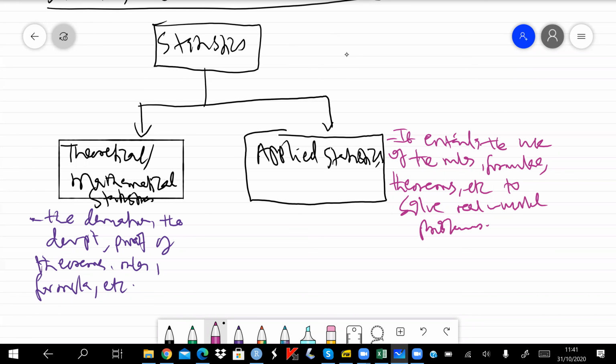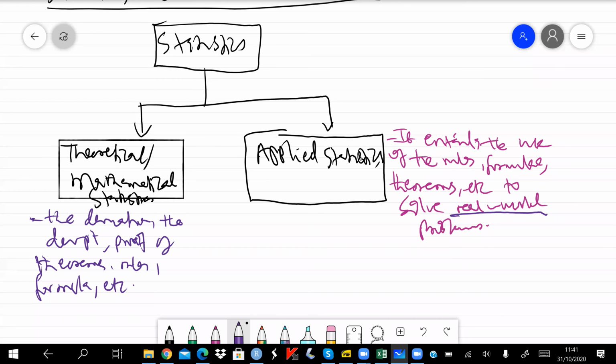So you use the formulae, rules, or theorems that were developed by the mathematical statisticians to solve real world problems. That explains why you are in this class, because some of you are coming from finance.